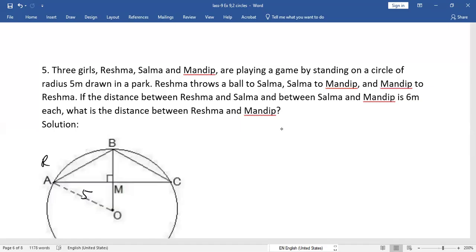This is Reshma, this is Salma, and this is Mandeep, playing the game by standing on a circle of radius 5. The distance between Reshma and Salma is 6. This is the distance.